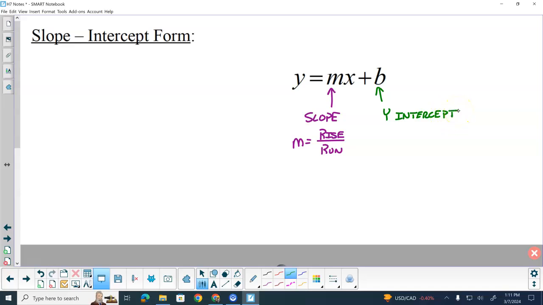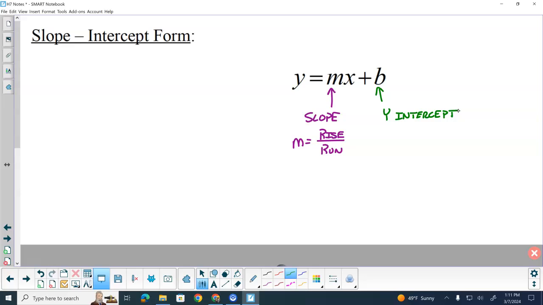What form does our y-intercept come in? Like, what does it look like? That's where it is, but what does it look like? When we write it down, if I ask you the question, what is the y-intercept? What is your answer going to look like?